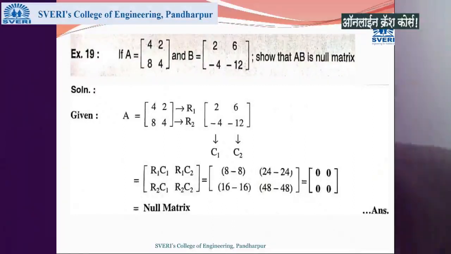A is equal to 4, 2, 8, 4 and B is equal to 2, 6, minus 4, minus 12. So R1C1, R1C2, R2C1, R2C2. By using this method, we get the elements of the new matrix. It will be 0. So here A into B is a null matrix.